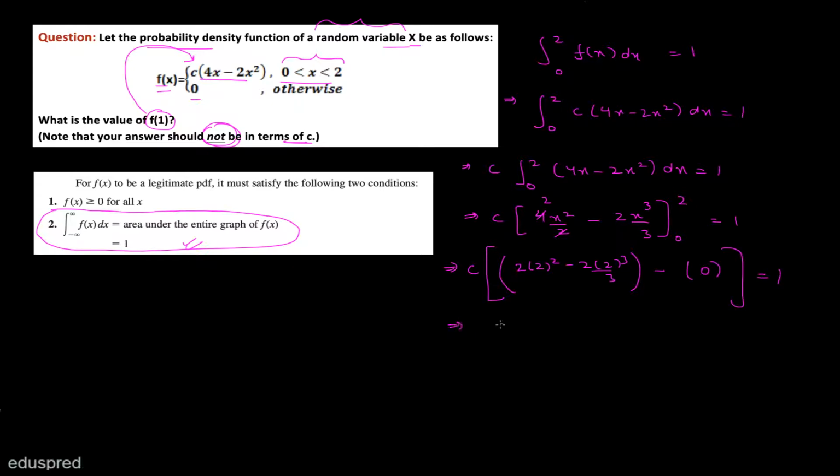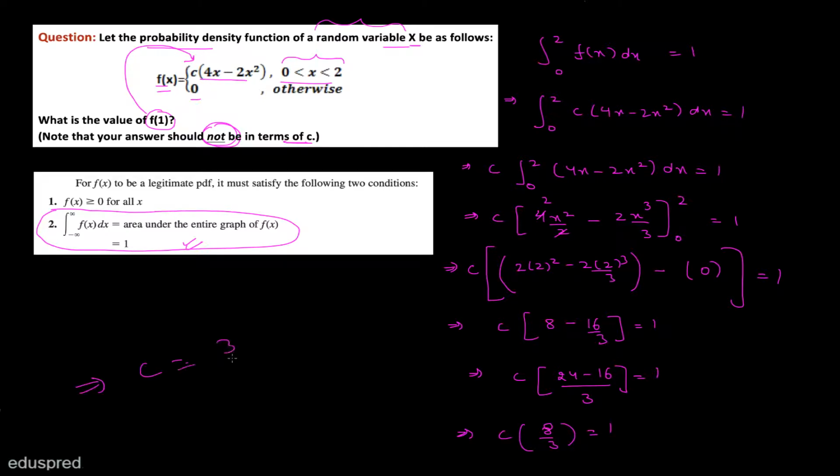So c, this becomes 8 minus 16 divided by 3, equal to 1. We can take the LCM as 3, so 24 minus 16. This implies c multiplied by 8 by 3 is equal to 1, and finally c is equal to 3 by 8.